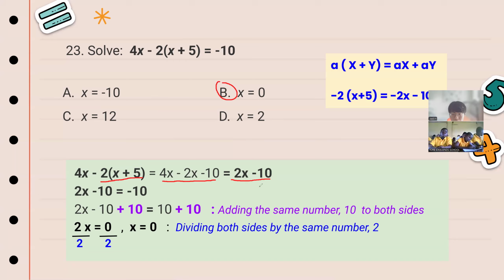And if we add 10 on both sides, we get 2x equals negative 10 plus 10, and that equals 0. 2x equals 0, so x equals 0, because dividing both sides by 2 is still 0.